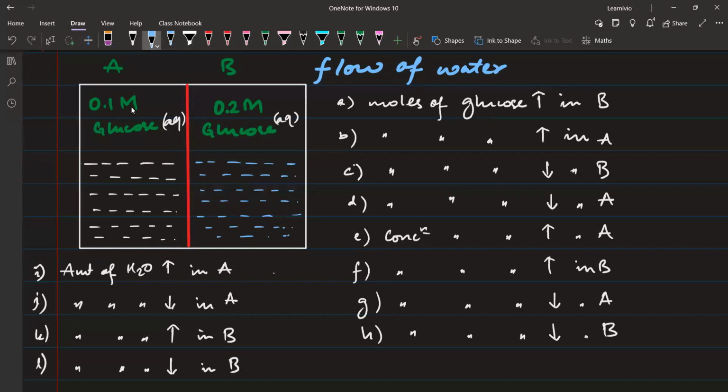Lower concentration to a solution. एक सेकंड, लोअर कंसंट्रेशन ऑफ solute. सोल्यूट। कहाँ पे लोअर कंसंट्रेशन, ए में या बी में?